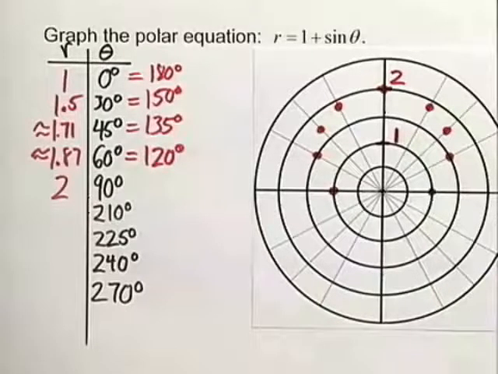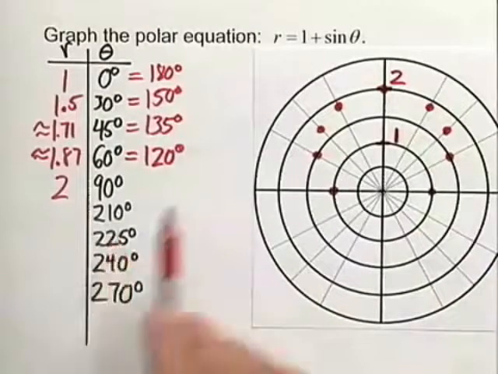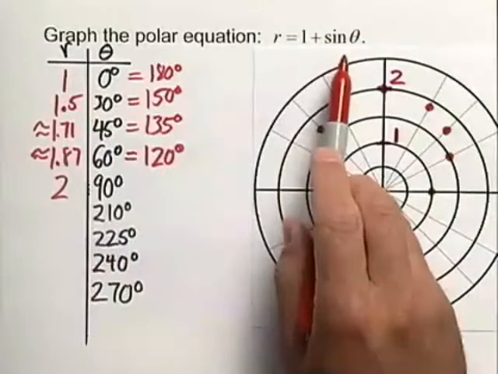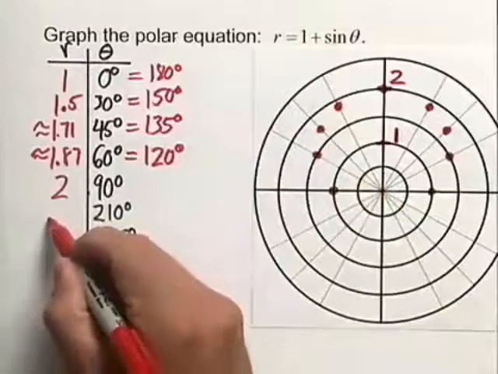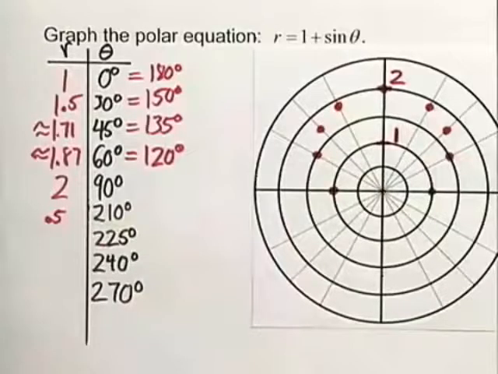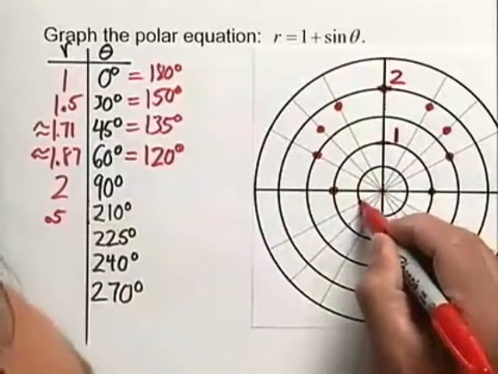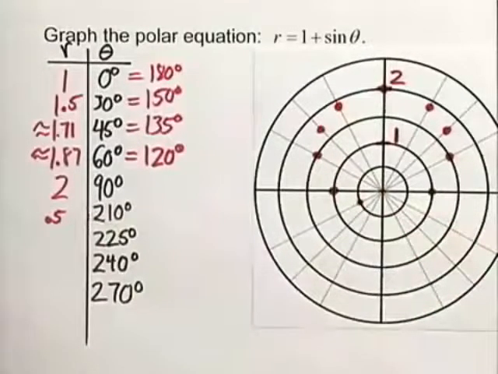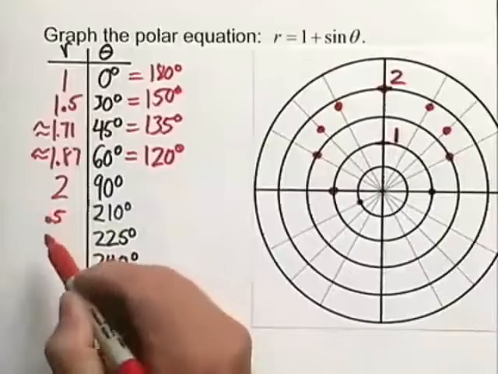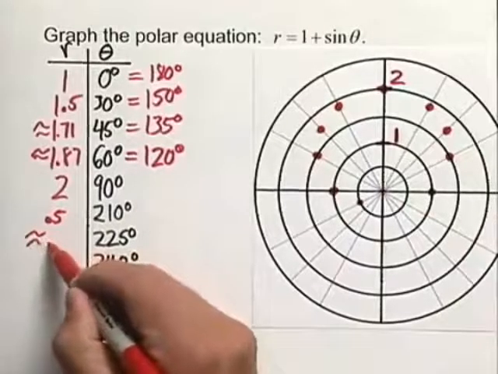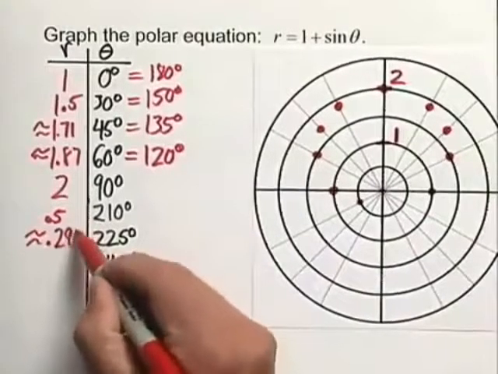Now let's move into the third quadrant. When we're down here at 210, we're going to have r is equal to 1 plus the sine of 210. That's going to give us a smaller value of 0.5 here. So that's half the distance of 1, so we're looking at a point something like that. When we get to 225, we're going to have an approximate number of 0.293.